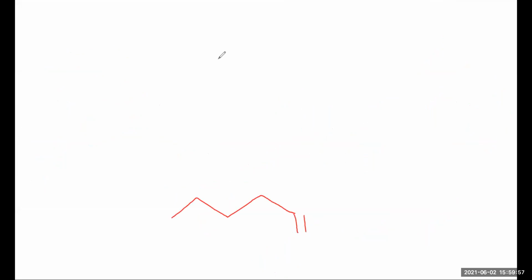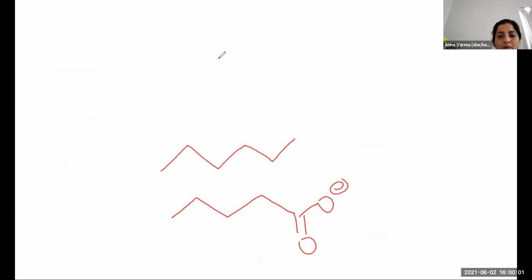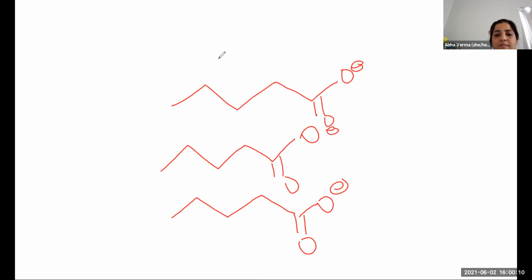If I have to ask you, so I have these three. 1, 2, 3, 4, 5. All of them have 5 carbons, exactly similar carboxylics.